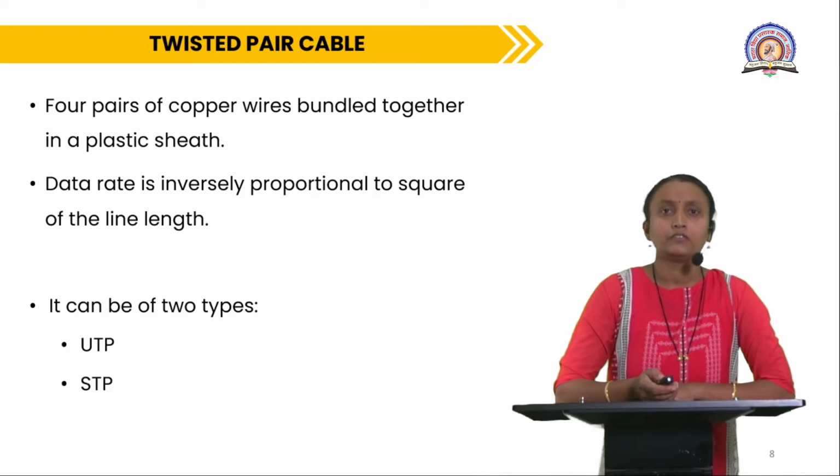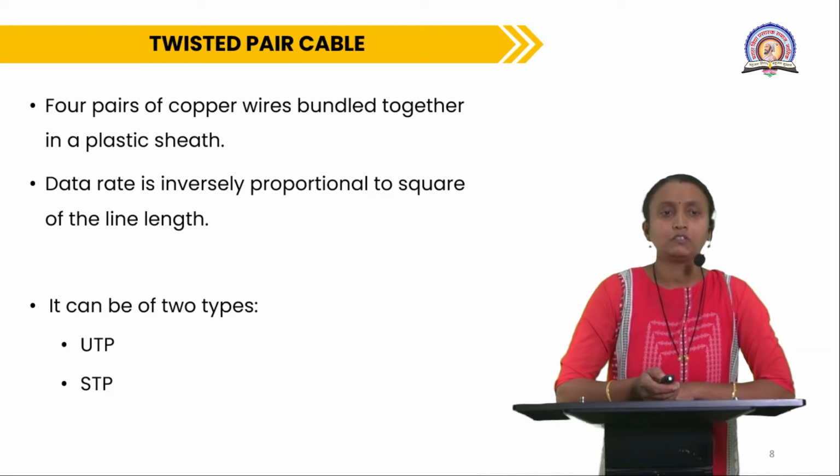There are different ways in which twisted pairs can be combined. We can combine 2 pairs in one cable, 4 pairs in one cable, or 8 pairs in one cable according to the requirement of the user. Basically, 4 pairs of copper wire are bundled together to create one single twisted pair cable. As we already discussed, the twisted pair cable is distance limited, which means the data rate of twisted pair cable depends on the distance traveled by the signal on the twisted pair.